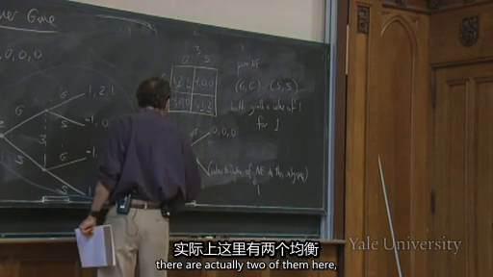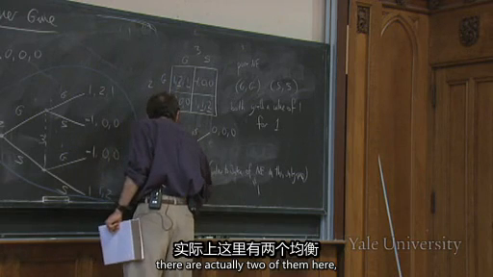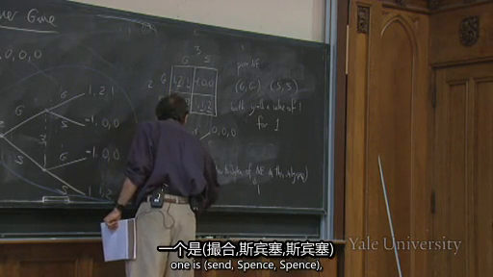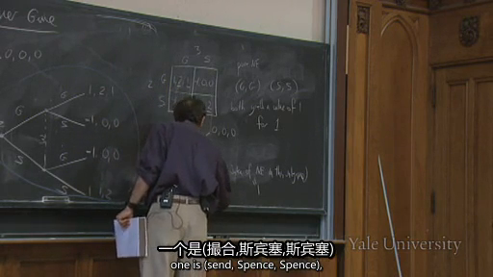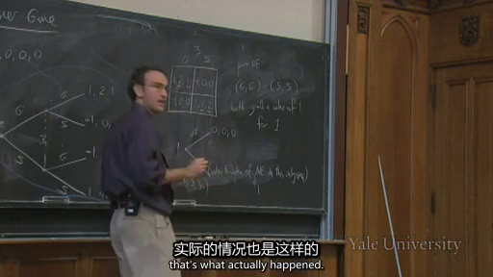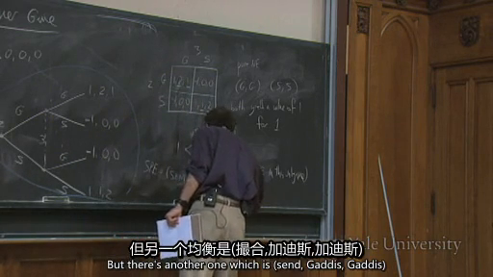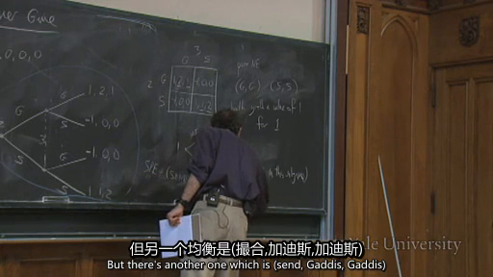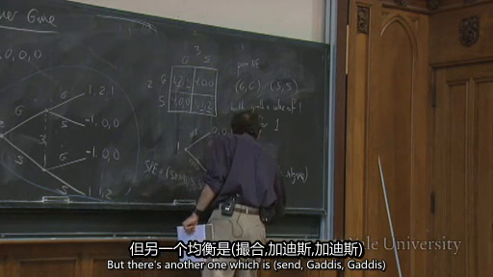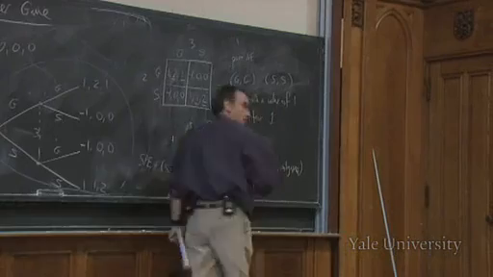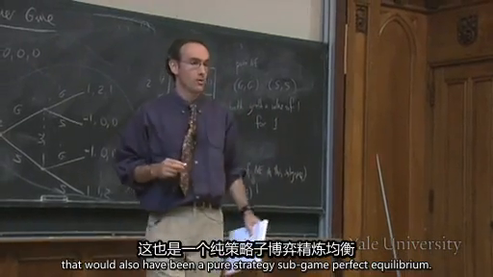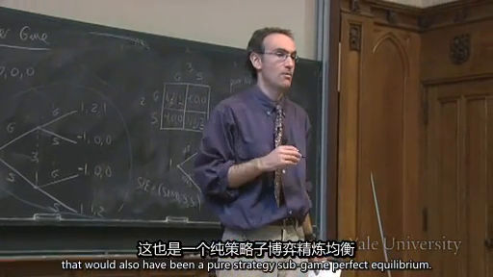All right. So the subgame perfect equilibrium, therefore, there are actually two of them here. One is send Spence Spence. That's what actually happened. But there's another one which is send Gaddis Gaddis. Right, that would also have been a pure strategy subgame perfect equilibrium.